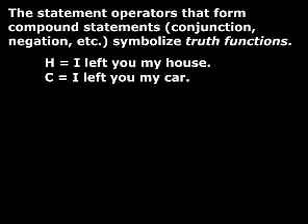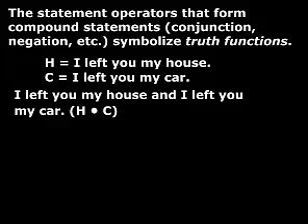Here's an example. Suppose I give you two atomic statements: I left you my house, I left you my car. These might be things that I would put in my will. I'm giving people stuff when I die. And I symbolize these with H and C. Now suppose I tell you at some point after class, I give you this conjunction: I left you my house and I left you my car.